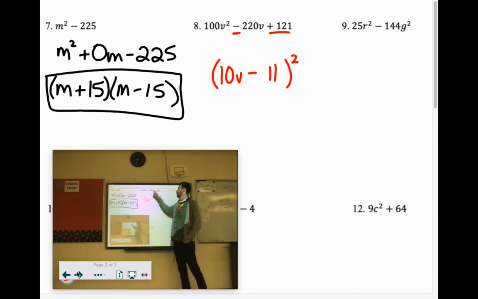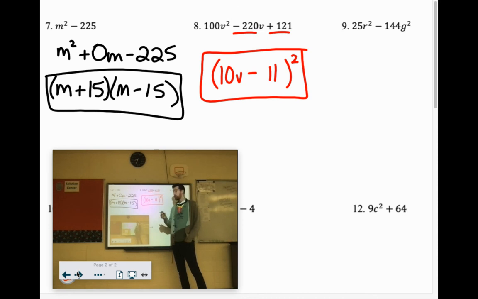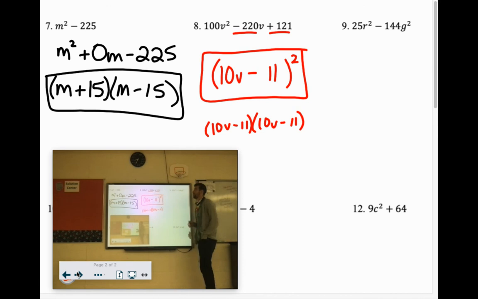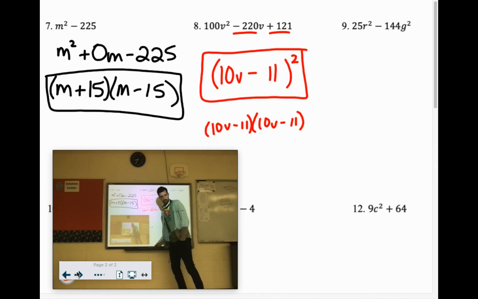And then if I multiply by 2, I get negative 220v. Which, if you wanted to FOIL this out, you could just write 10v minus 11 times 10v minus 11. You can FOIL it, and I promise it works out to 100v squared minus 220v plus 121. I promise. Okay.